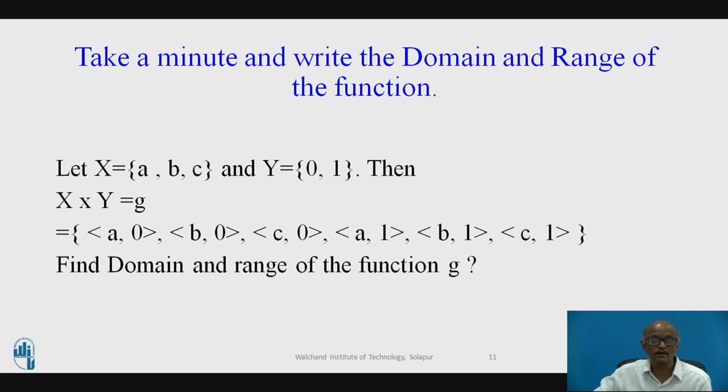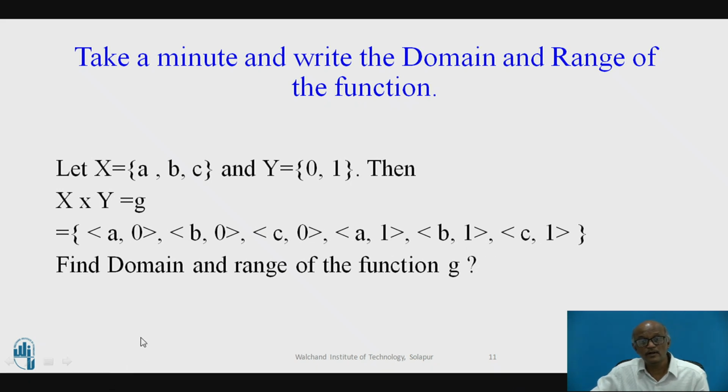Consider the second example, take a minute and find out what is the domain and what is the range of the function g. Here set x is equal to a, b, c and set y is equal to 0, 1, and the mapping is generated by g from x to y, which is given by a 0, b 0, c 0, a 1, b 1, c 1.